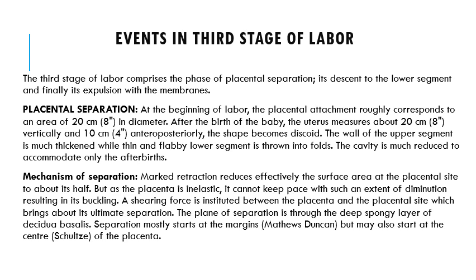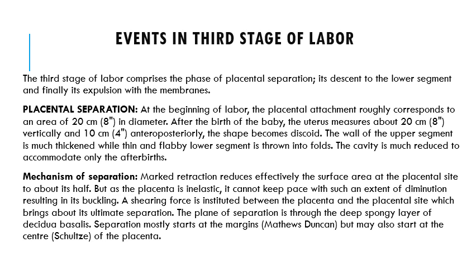Marked retraction effectively reduces the surface area at the placental site to about half. But the placenta being inelastic, it cannot keep pace with such a diminution, which results in its buckling. A shearing force is instituted between the placenta and the placental site, and this brings about its ultimate separation.